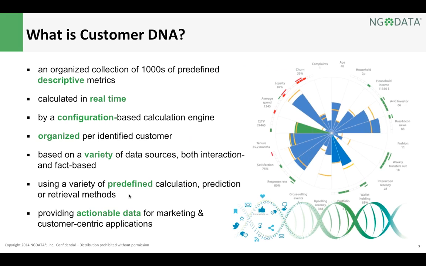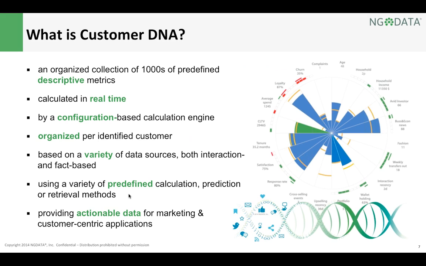DNA is organized per customer, so each customer who can be identified, which can be before he really gets a name or an email address. So we also track and build DNA of anonymous visitors of your website, but we keep a view on that customer and version it over time, organizing it per individual customer.